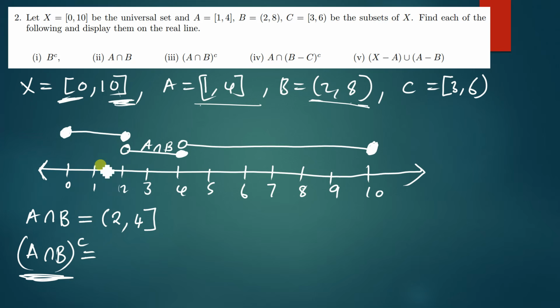Alright, so the solution to our answer here will therefore be, from 0 to 2, and it's closed on both ends. So we have 0 to 2 closed on both ends. Then we say union, because I'm adding another set which I know is this side. So we say union, and then is it closed or open here on the other side, because my A intersection B complement is simply just this one here.